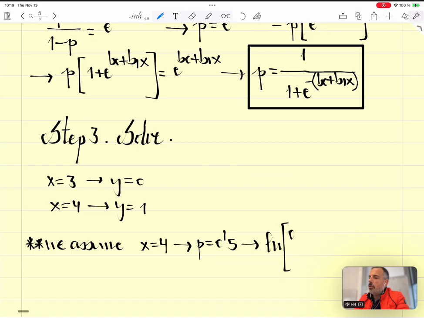Logarithm of 0.5 divided by 1 minus 0.5 equals b0 plus b1 times 4.